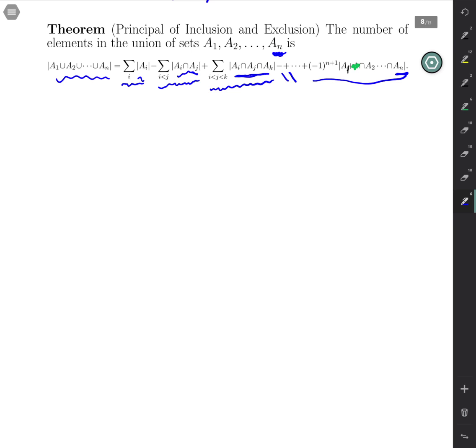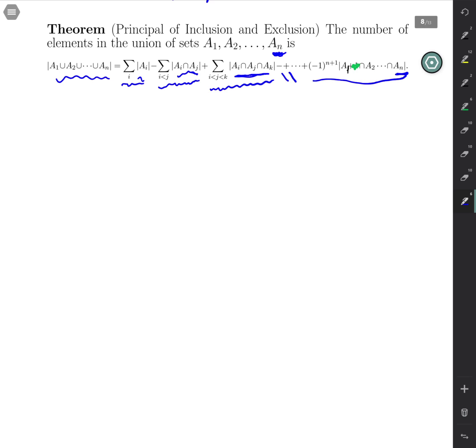And I think I will show you why this is true by doing a count of the number of elements on the two sides. Let me put it a different way. If I take an arbitrary thing out of the union, I want to make sure it's counted once on both sides. On the left-hand side, it would be counted once.